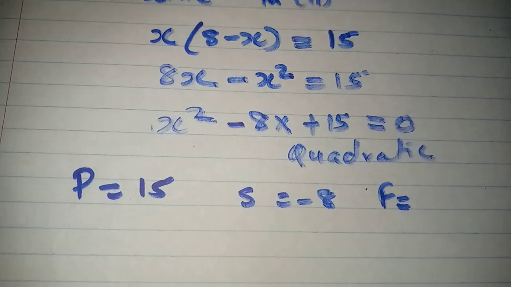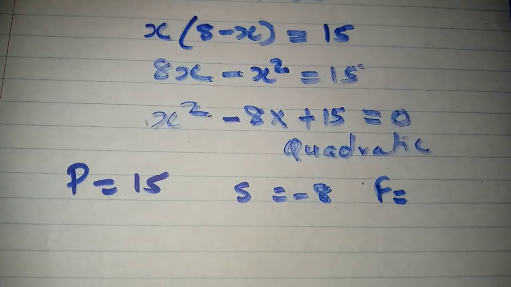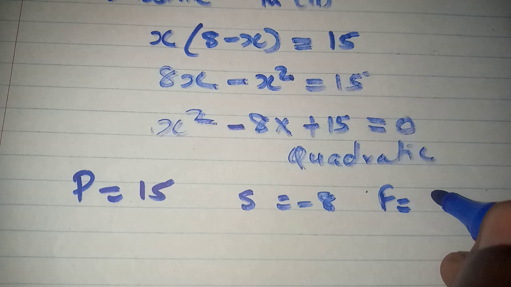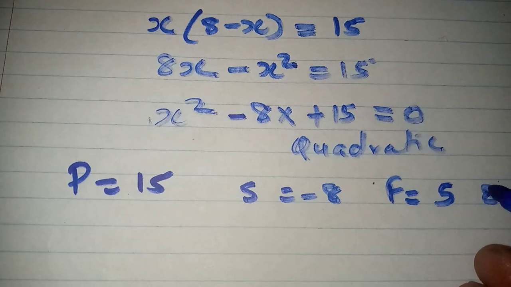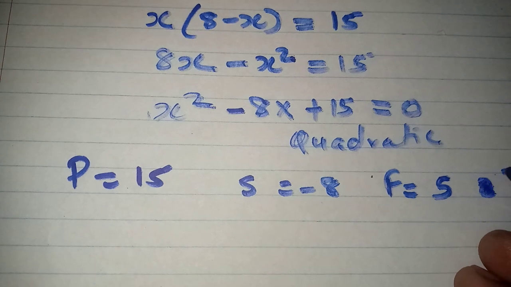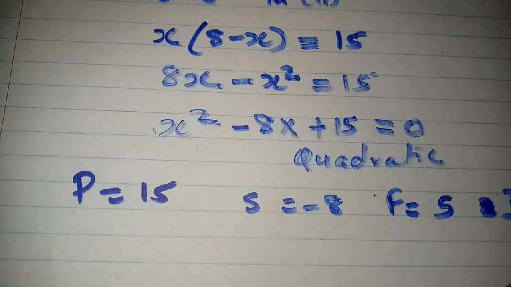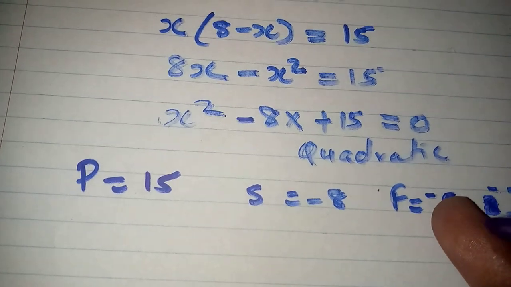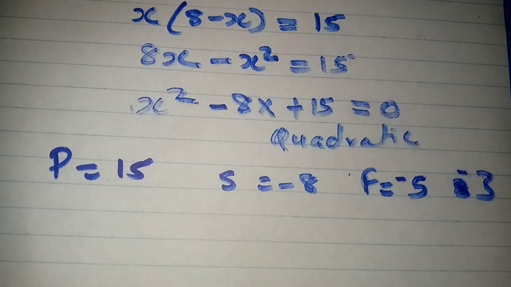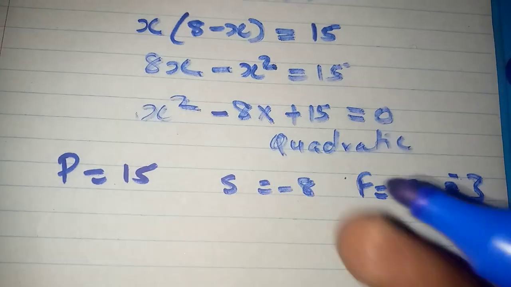I want the two factors which, when I multiply, I get 15, and when I add, I get 8. So obviously that is 5 and 3. All of them should be negative. Negative 5 minus 3 is negative 8.